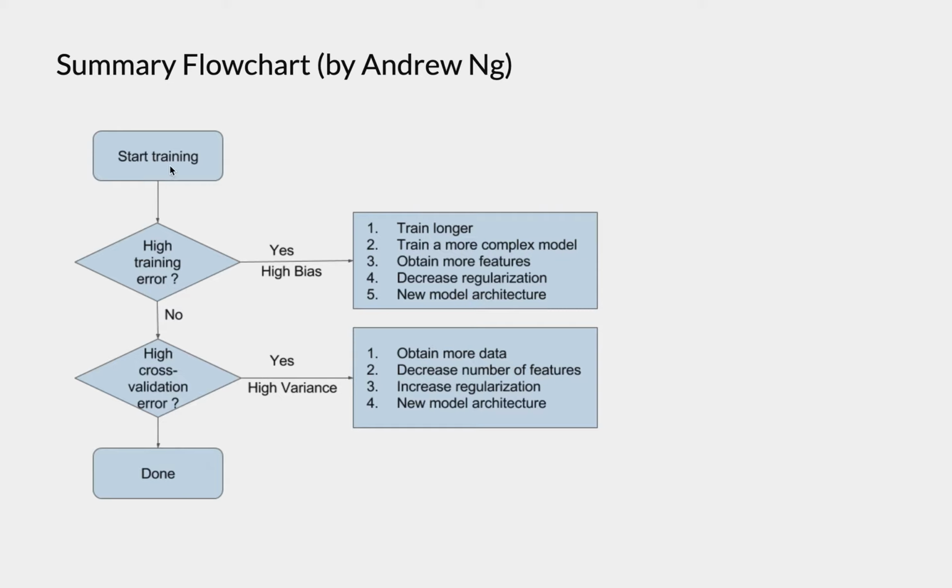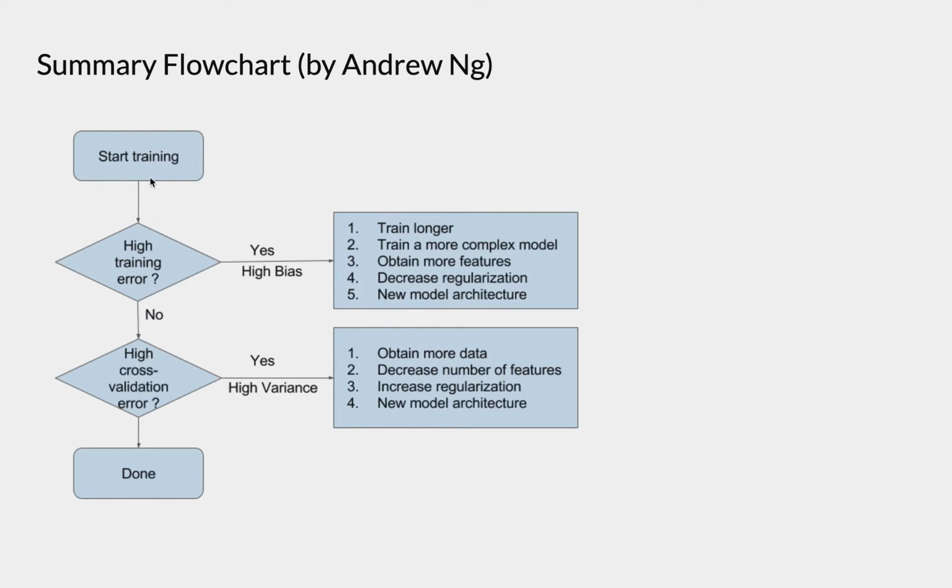So first of all, you can start training, and after a while, you observe your training error. Now, if your training error is high, it means your model is biased. And there are different things you can do about that. So one thing could be just to train longer. Right?